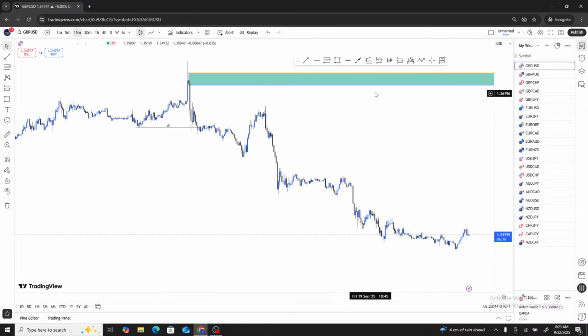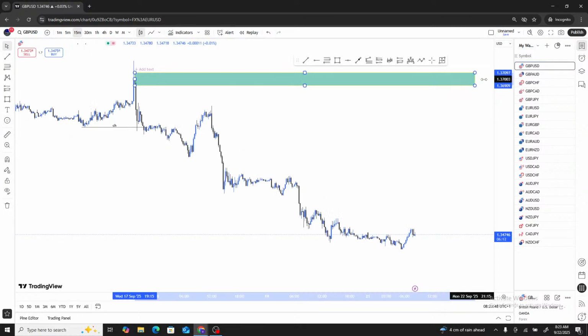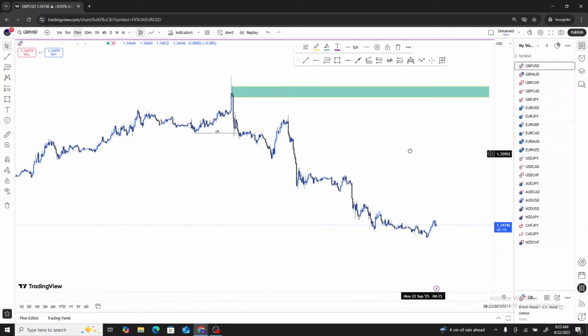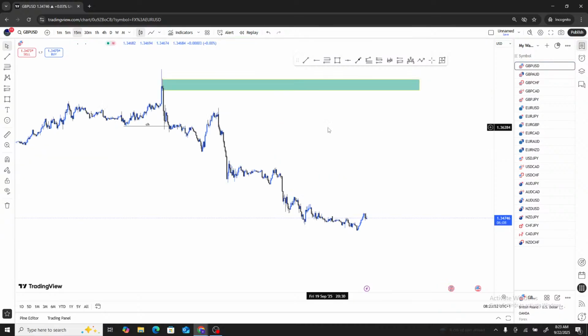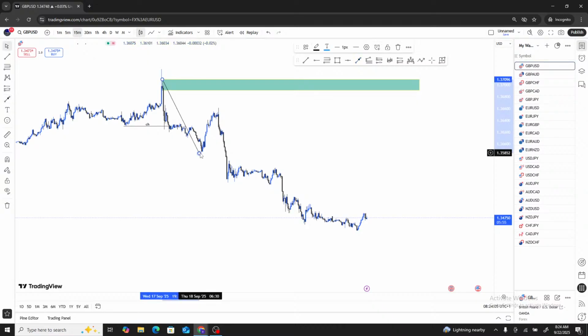We said in our previous videos that our order block can only be valid if it has broken structure, which this order block has done successfully. You can see it has broken structure.